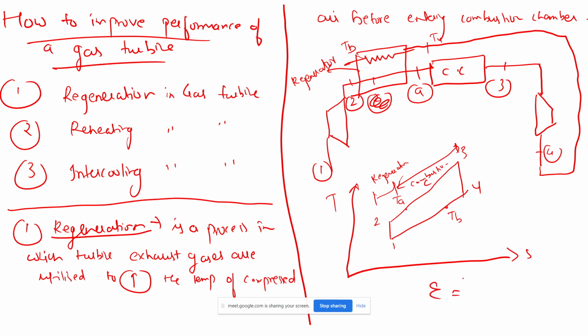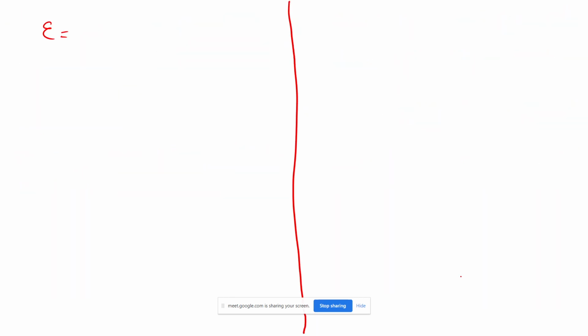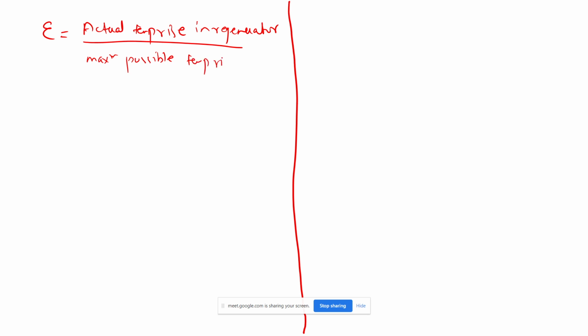First I should write the definition. It is defined as the actual temperature rise in the regenerator to the maximum possible temperature rise in the regenerator.